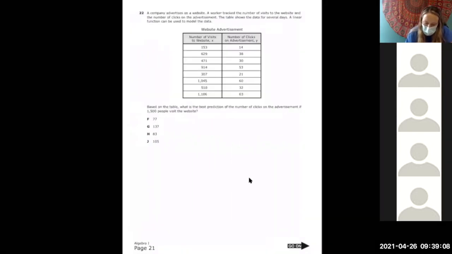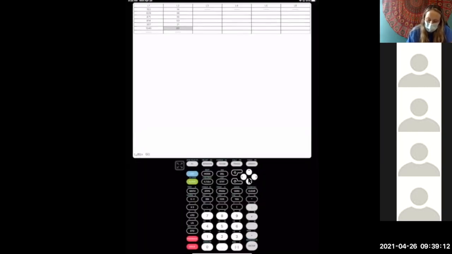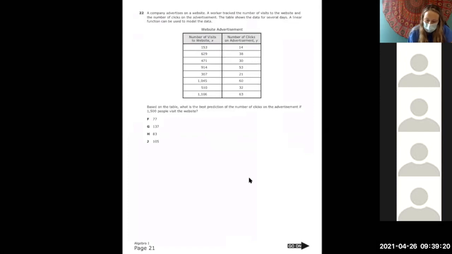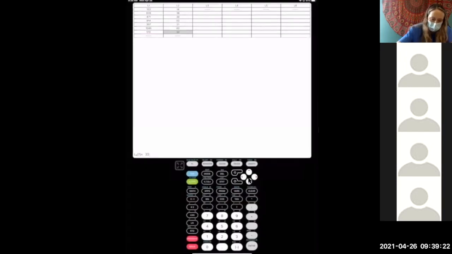Okay. 510 and 32. And finally, 1106 and 63. Okay, so we've got our table plugged into our calculator.